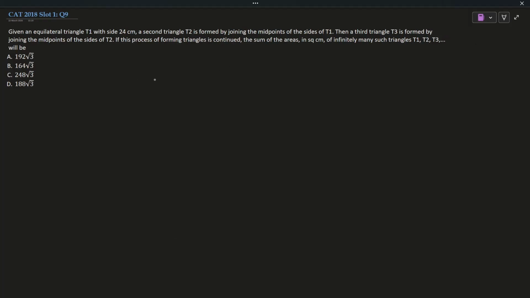Given an equilateral triangle T1 with side 24 centimeter, a second triangle T2 is formed by joining the midpoints of the sides of T1. Let's first draw a triangle. This is an equilateral triangle. This is T1, let's say this is A, B and C. This is the midpoint, this is the midpoint and this is the midpoint.